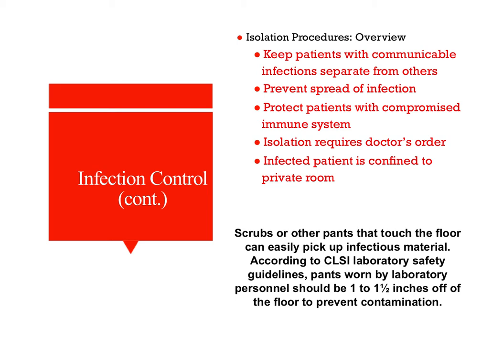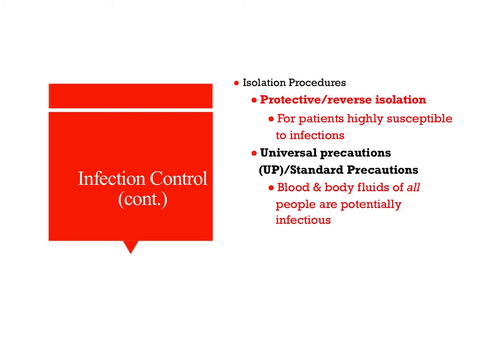You need to know that, okay? All those points about isolation procedures. This is where we also talk about the pants being 1 to 1.5 inches off the floor to prevent contamination.